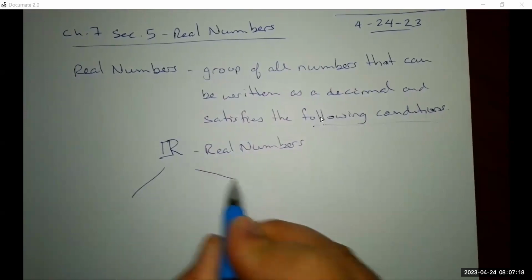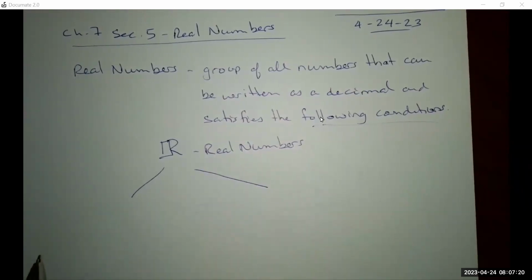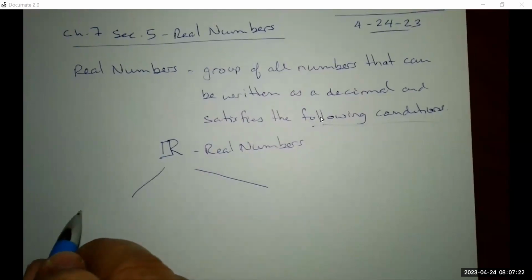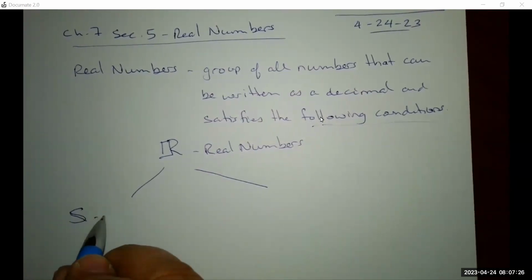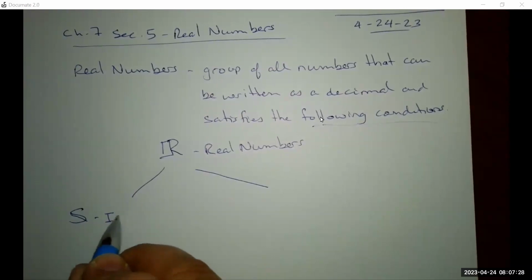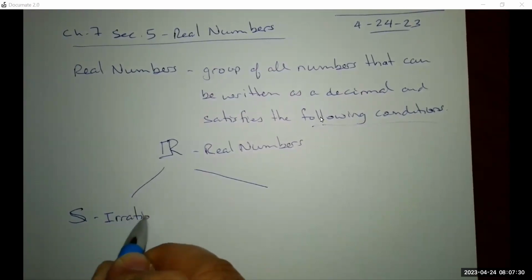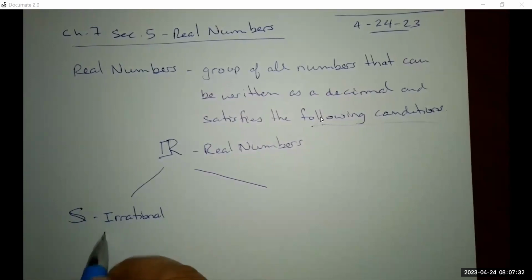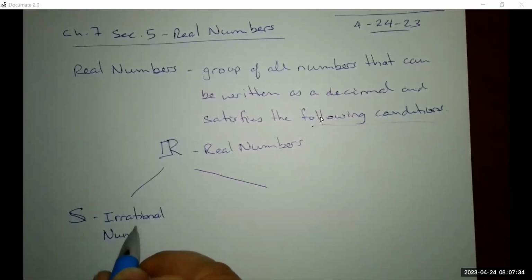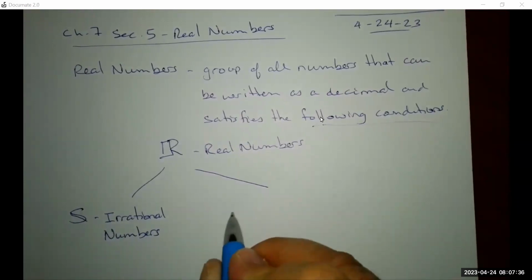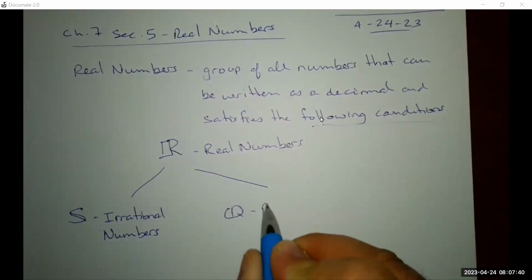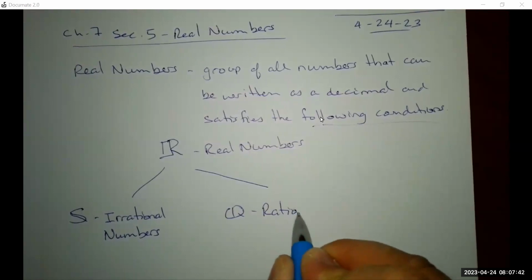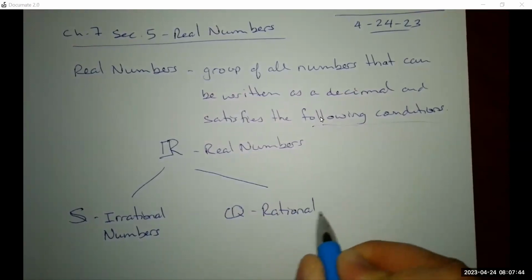Real numbers are broken down into two groups. S is denoted as the irrational numbers, and Q denotes the rational numbers.